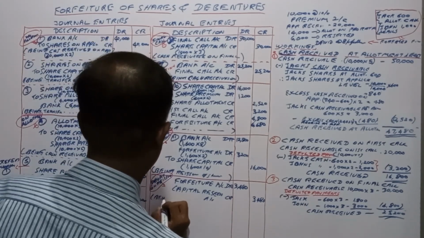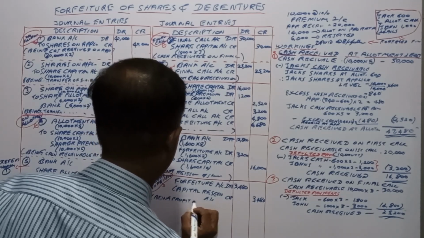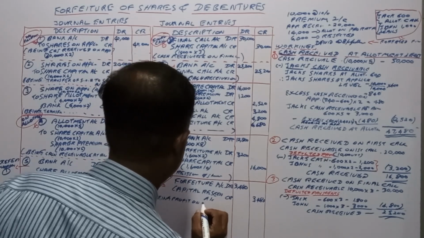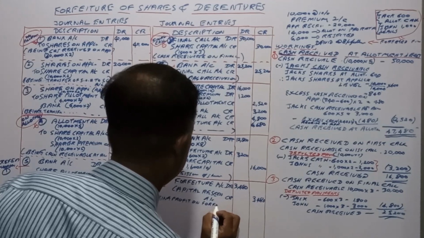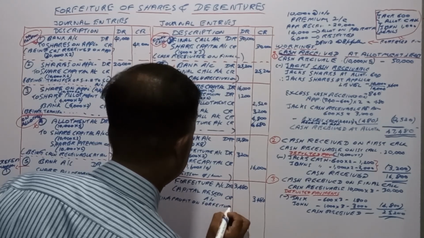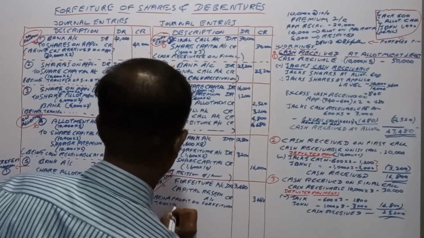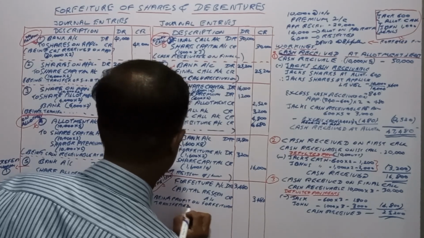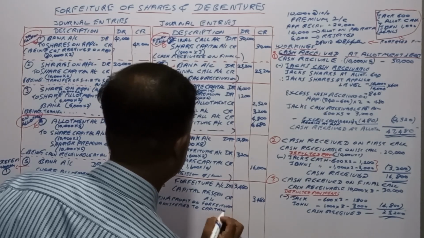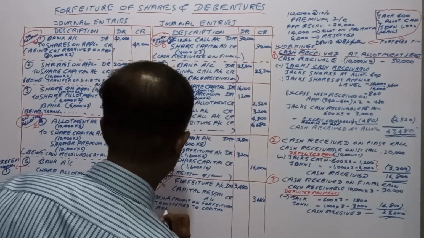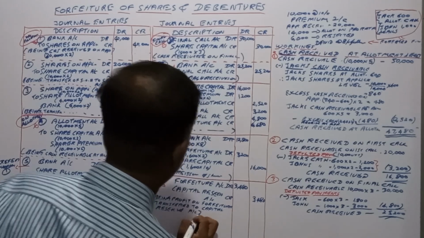Being profit on forfeiture transferred to capital reserve account.